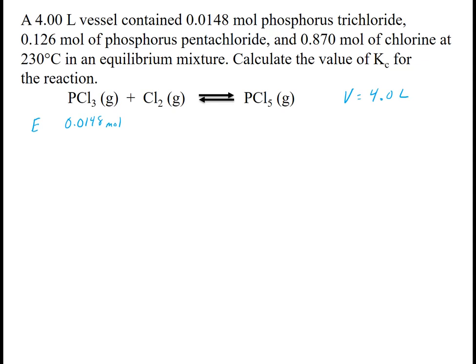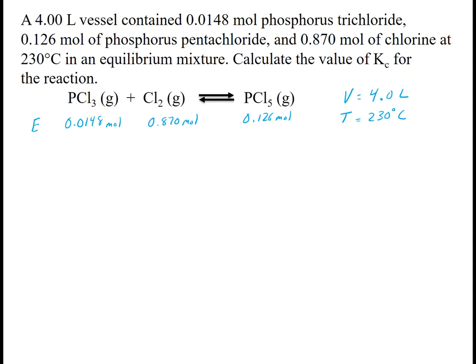The phosphorus pentachloride, so that's the one with 5, is 0.126 moles. And the chlorine is 0.870 moles. And I have a temperature of 230 degrees C. We're not going to use the temperature, but again, the equilibrium constant is in fact temperature dependent.